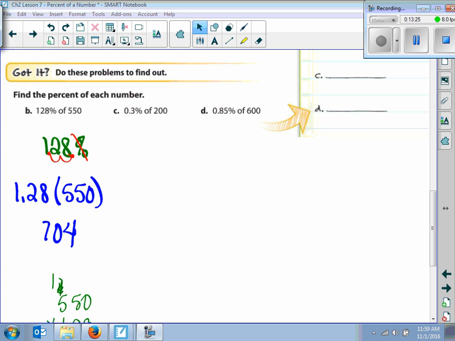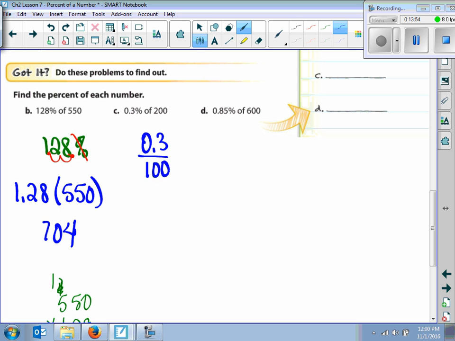So, because we did this one as a decimal, we're going to do letter C as a fraction. So, it's 0.3%, right? Always when we write percent, it's over 100, right? So, this is going to be 0.3 over 100.